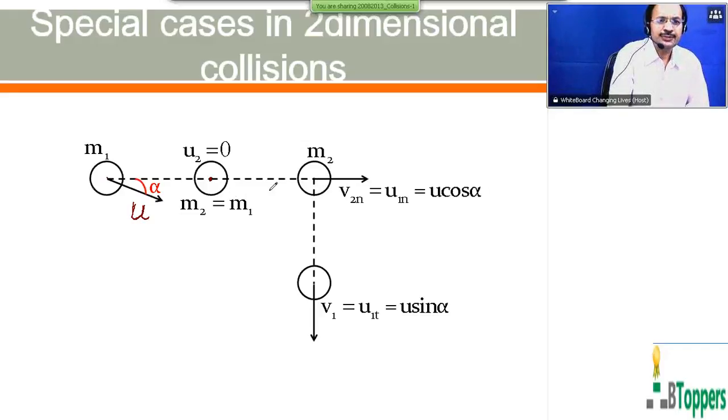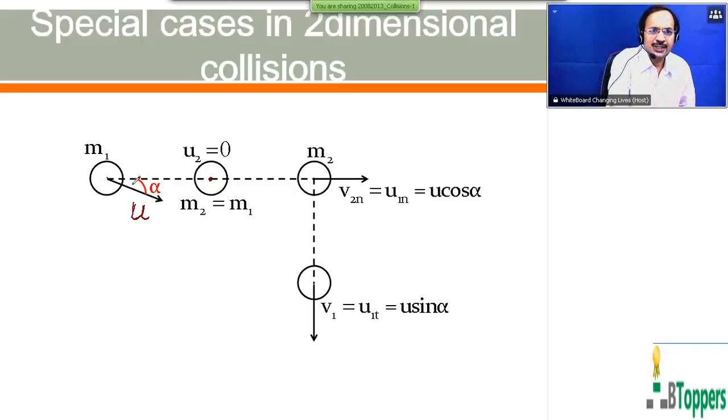So after the collision, as I discussed previously, for the normal direction, you can consider the collision to be a one-dimensional elastic collision. That means when you analyze the components of velocities in the normal direction, you can treat the collision like one dimension along the normal direction.